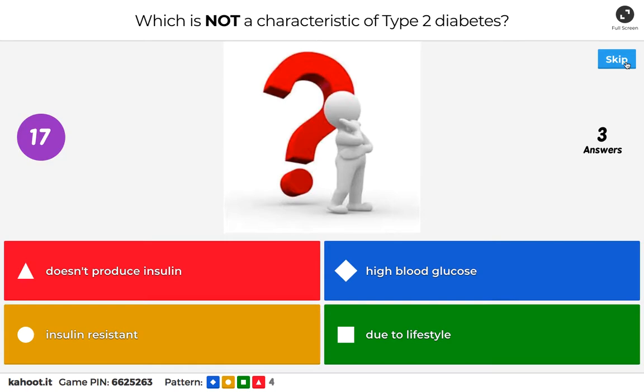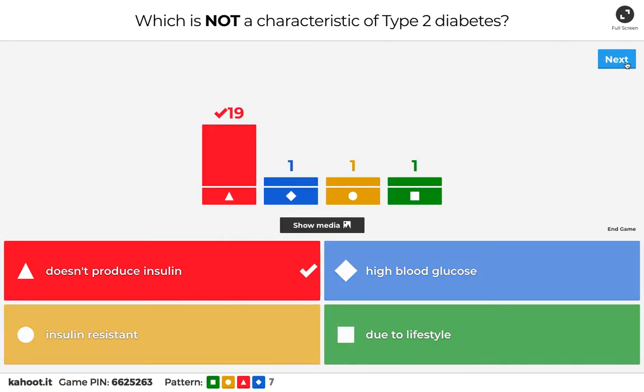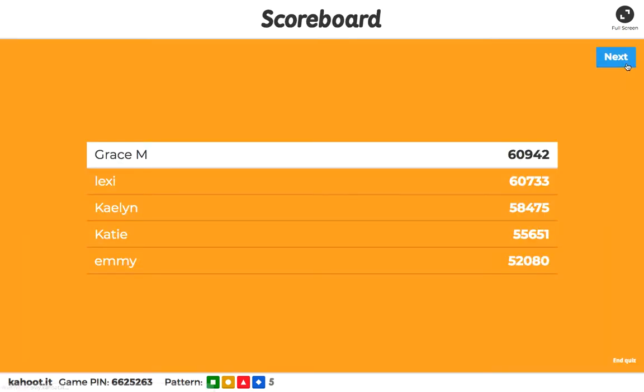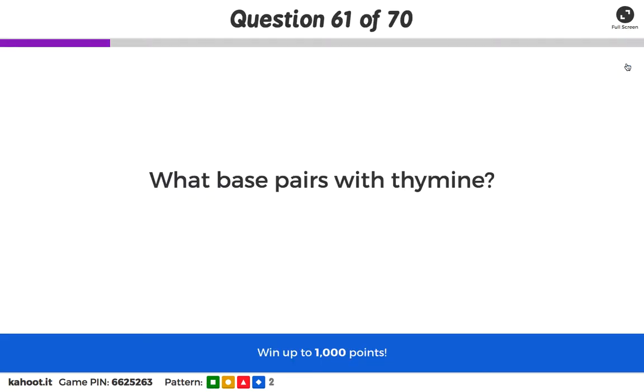Not a characteristic of type 2. Doesn't produce insulin. Here you go, here's a good one.